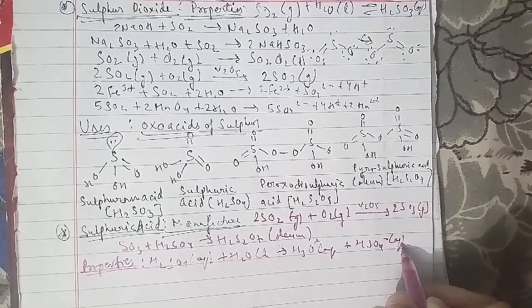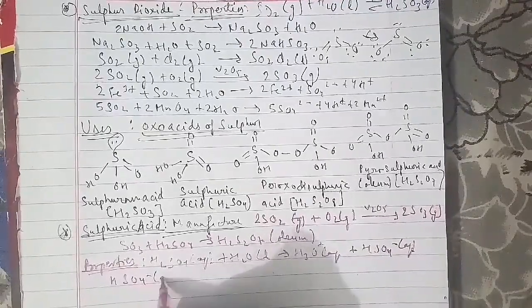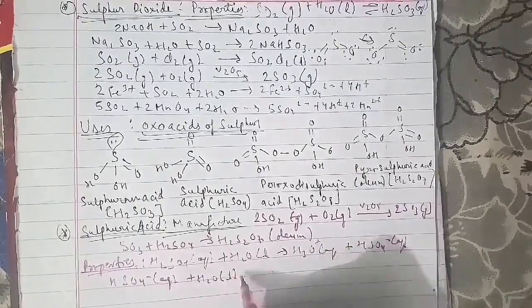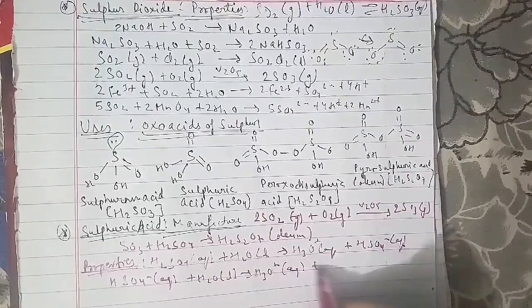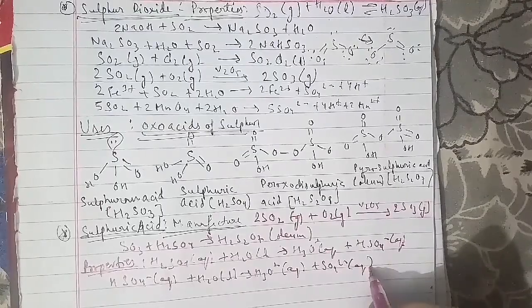That is Ka2 equal to 1.2 times 10 to the power minus 2. With a large value of Ka1, greater than 10, H2SO4 is largely dissociated into H+ and HSO4-. The large dissociation constant Ka shows that it is a strong acid as well.